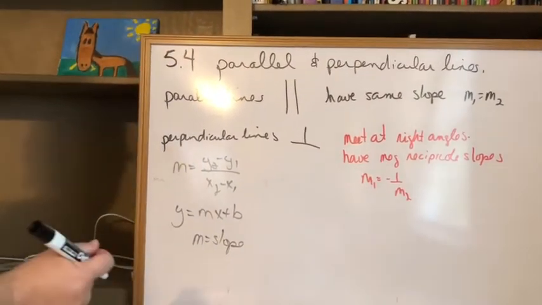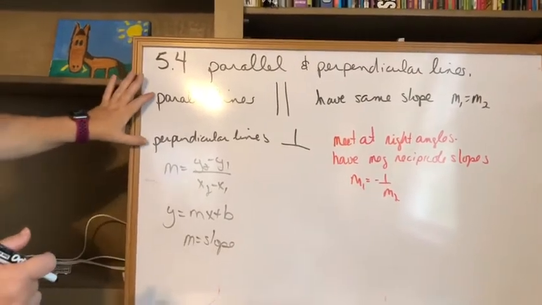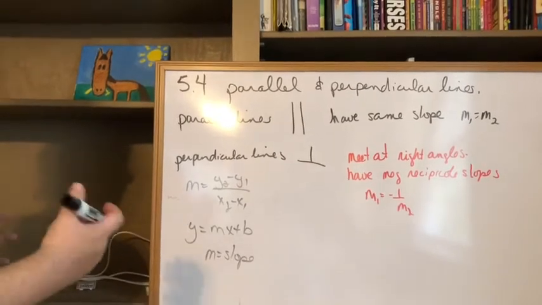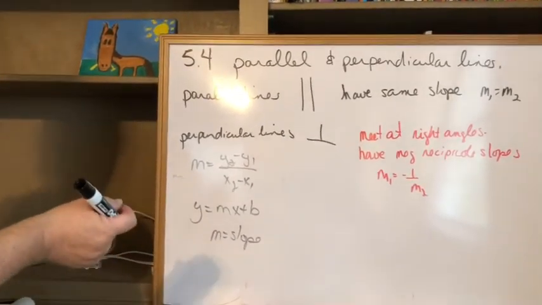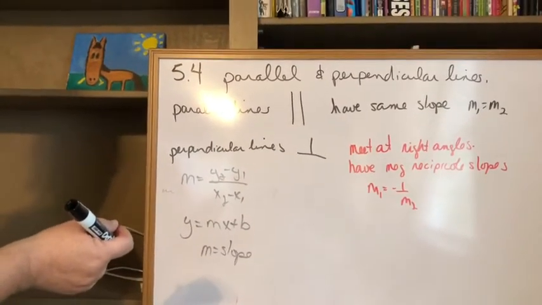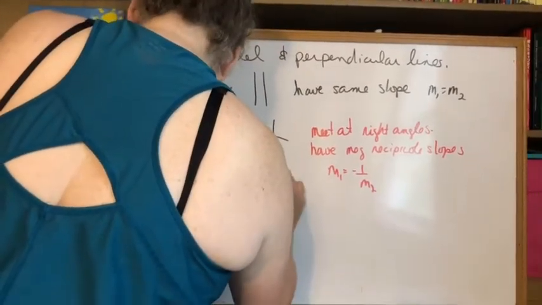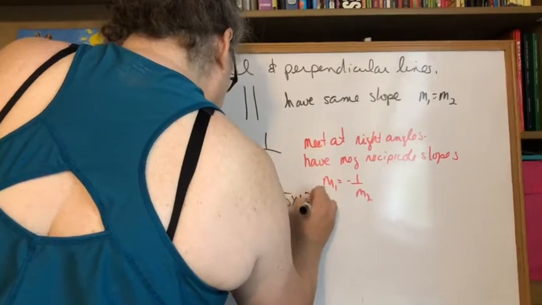So let's get a problem and try to find the slope first, so that we can determine if the lines are parallel, perpendicular, or neither. Here we go. We have y equals 5x plus 3.